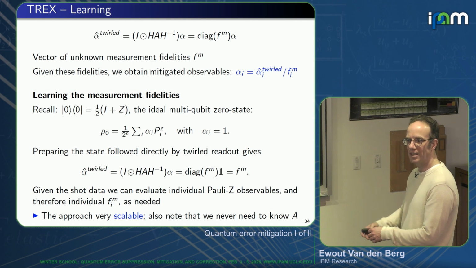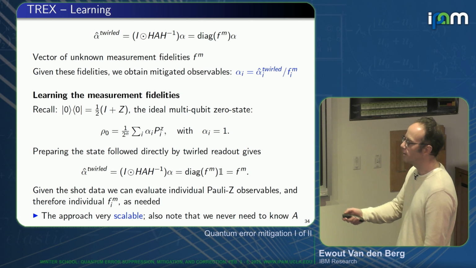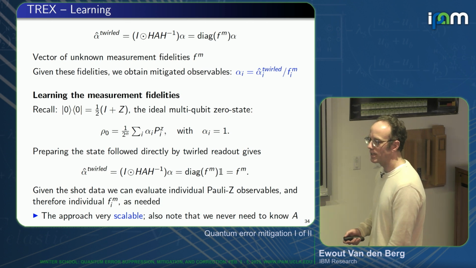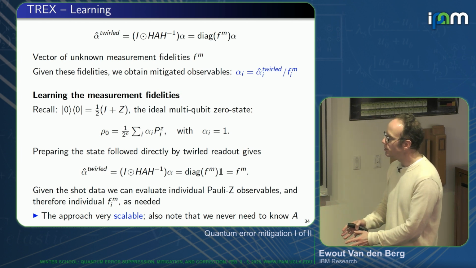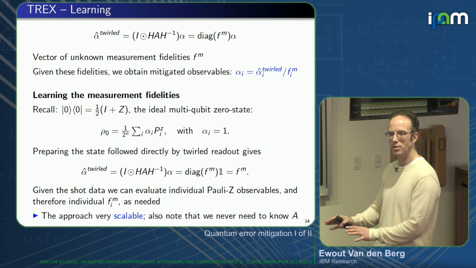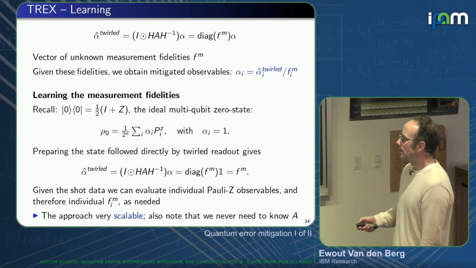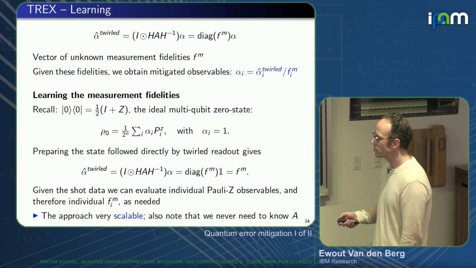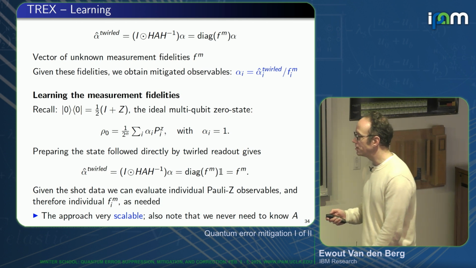You get some shots, and given the shots for a particular Pauli Z, you can then evaluate the measurement fidelity. You don't have to do all of them. You can just say, I'm only interested in this subset of Pauli Zs, calculate the fidelities for those, and normalize. So this is of course a scalable method, and you don't need to know the A matrix at all. Of course, you do need to have good state preparation.